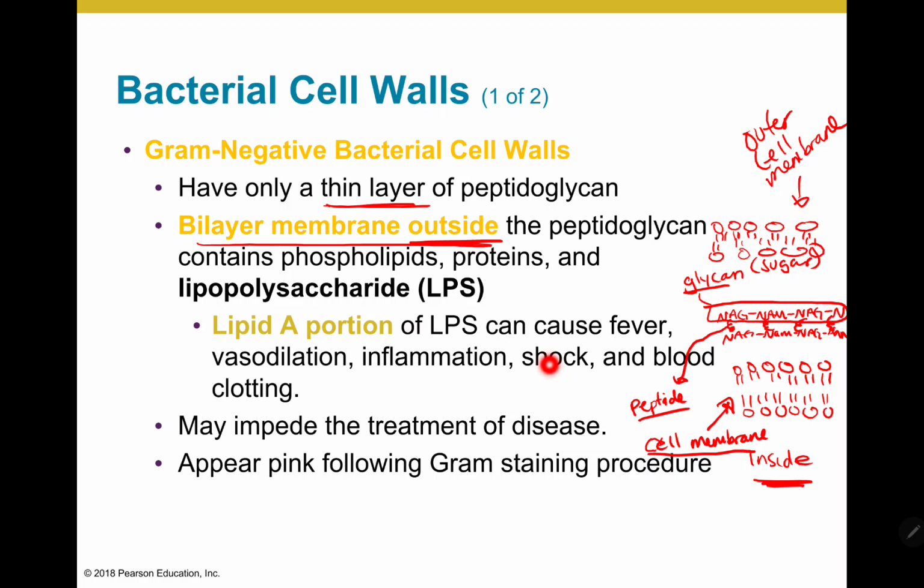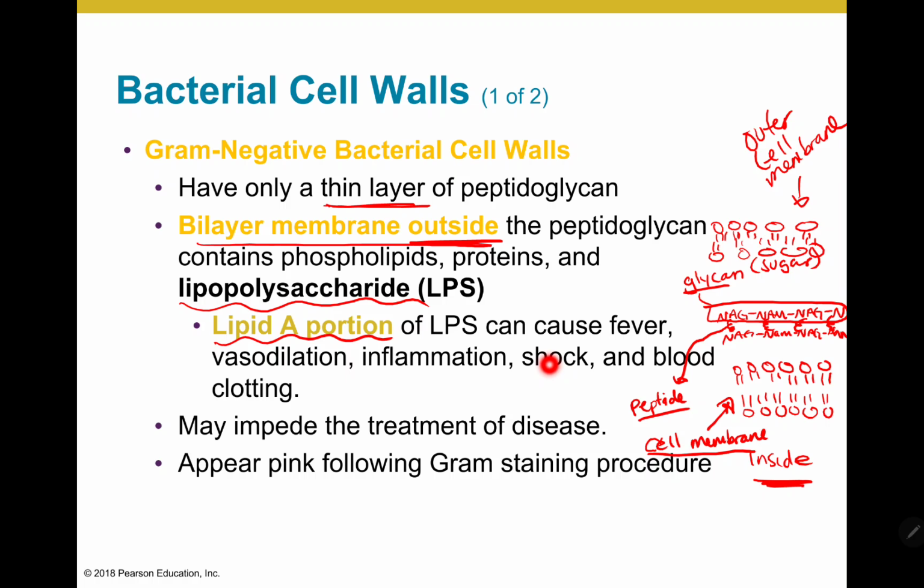And so on this outer membrane, they have these lipopolysaccharides, okay? These lipopolysaccharides have a lipid portion and a polysaccharide portion. The lipid A portion, right? This is highly stimulating to your immune system.